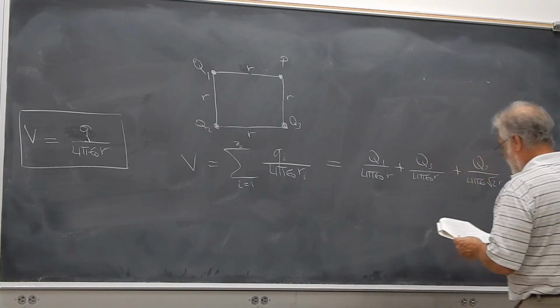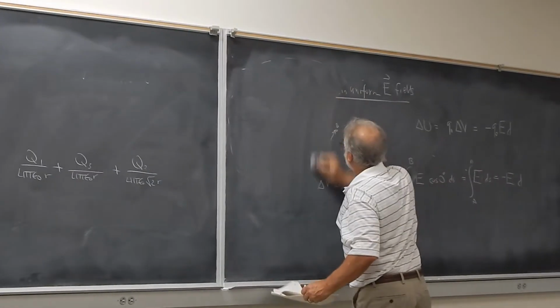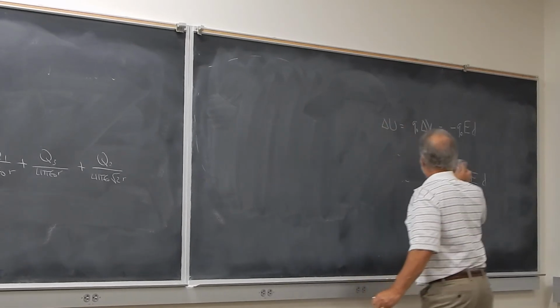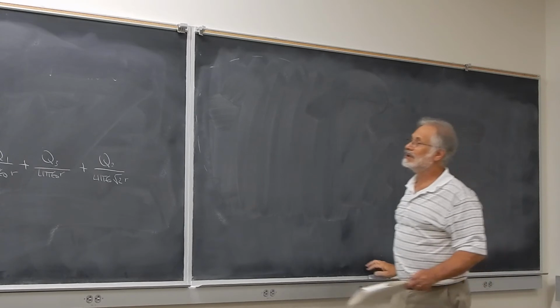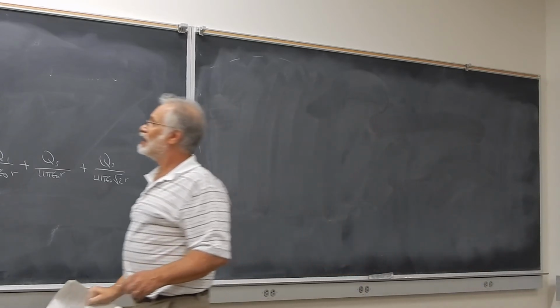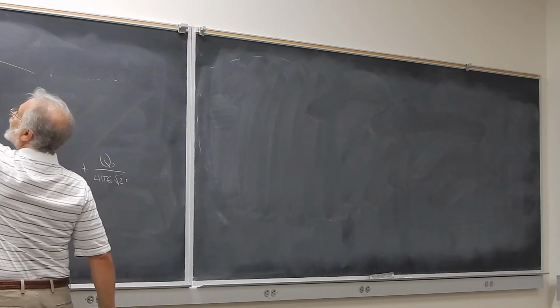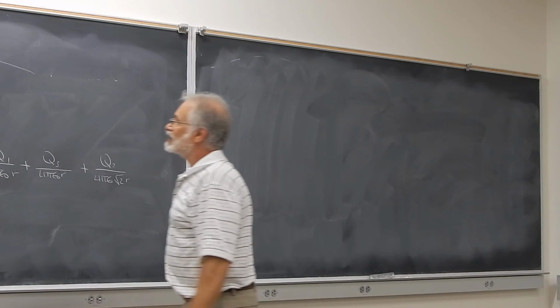If I were to ask what would be the work I would have to do to bring another charge from infinity and put it at that corner?